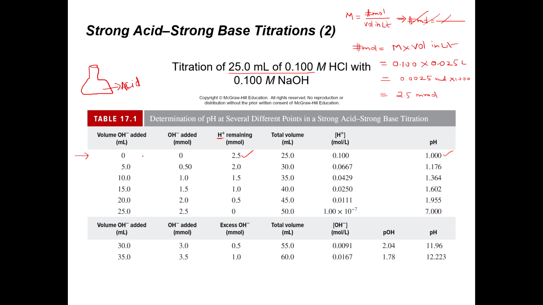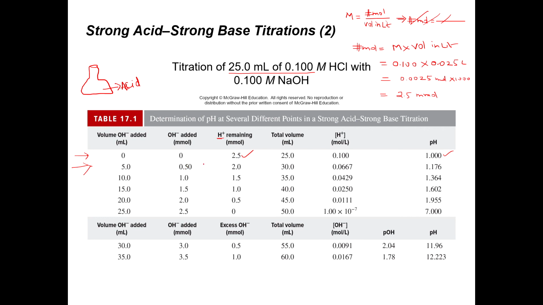So you can apply the same concept for your second row as well. For example, you added 5 ml of your base to this, right? And then for your OH minus ions, the number of moles, you do similar calculations. You have molarity as 0.1, and you added 5 ml, so you end up with 0.5 millimoles. And then H plus ions remaining is going to be, you have 2.5 millimoles of H plus, and 0.5 millimoles of OH minus you added.